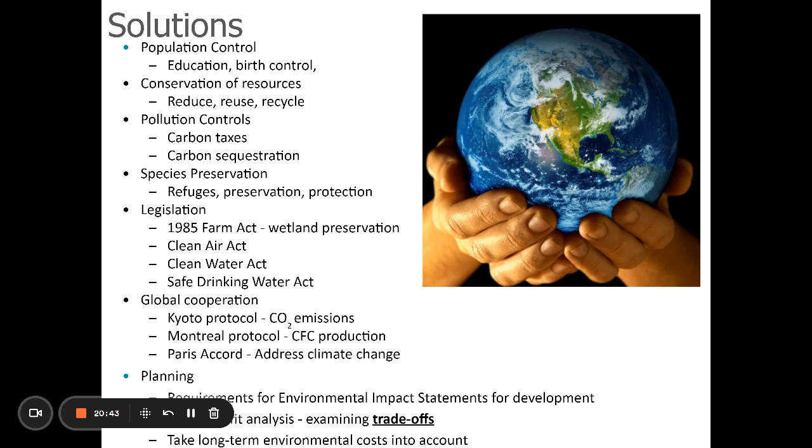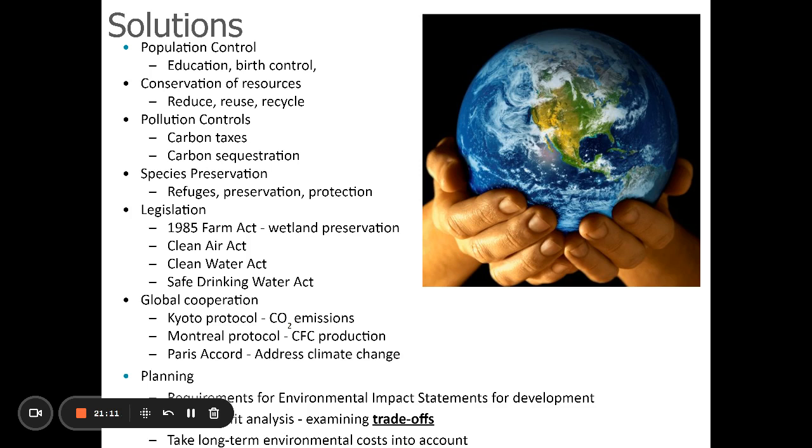If we put a tax on carbon emissions, for example, that can reduce climate change, but it may come at an increased cost of, for example, gasoline. If we are going to protect an endangered species, we may make it illegal to build or destroy their habitat, but that may mean there's less area for land development.